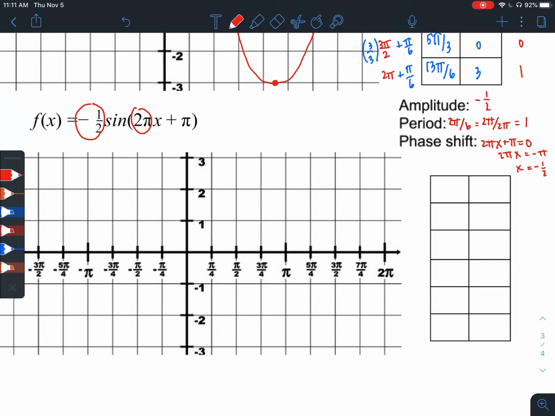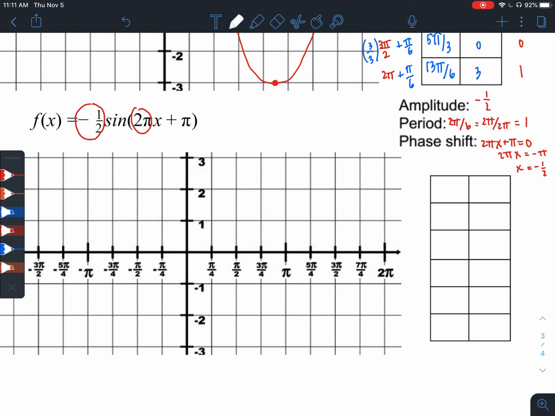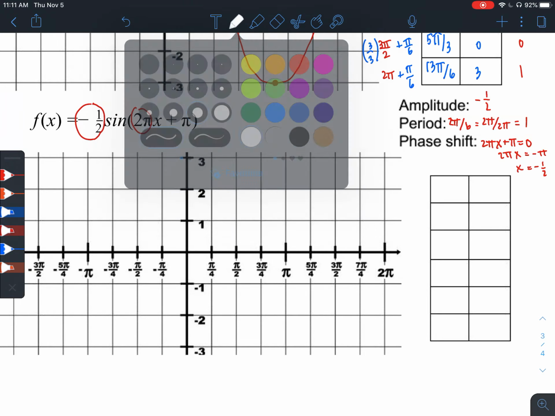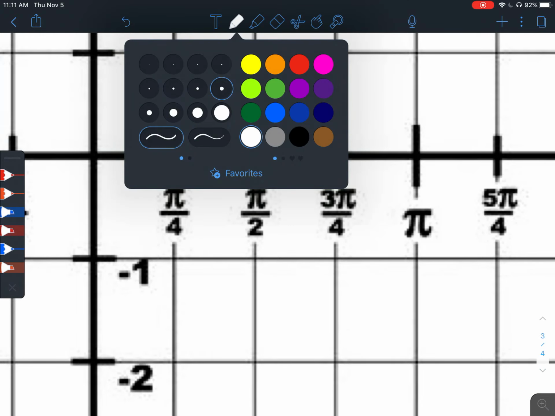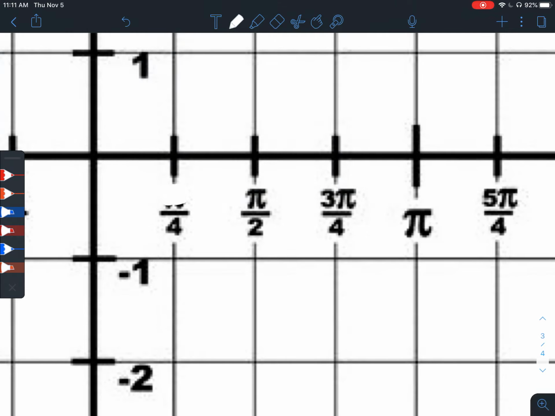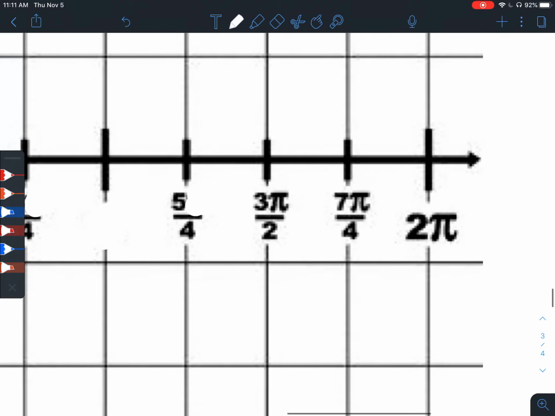So we are going to have to relabel our axis down here. All you're going to do is change these pi's to 1s. So this is 3/4, because all we're doing is taking away the pi. So this is 1, 5 over 4, 3 over 2, 7 over 4, and 2.